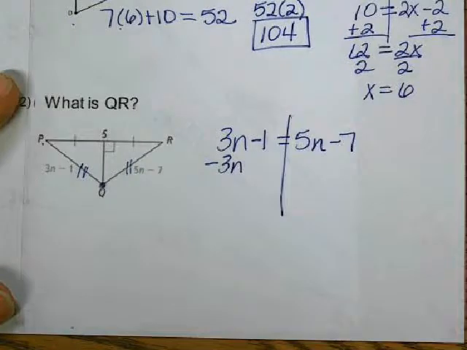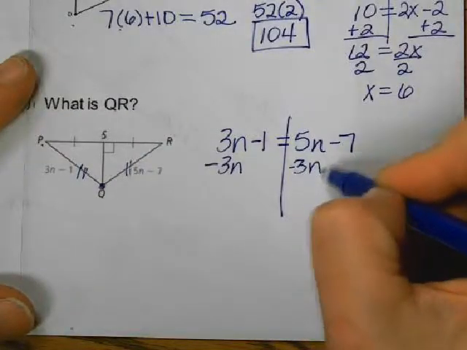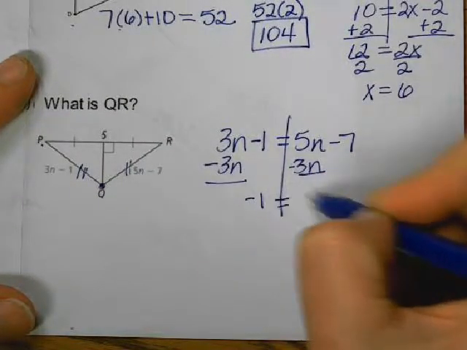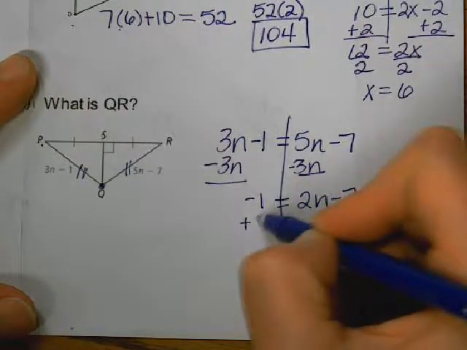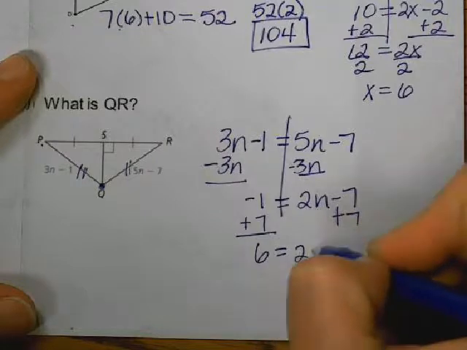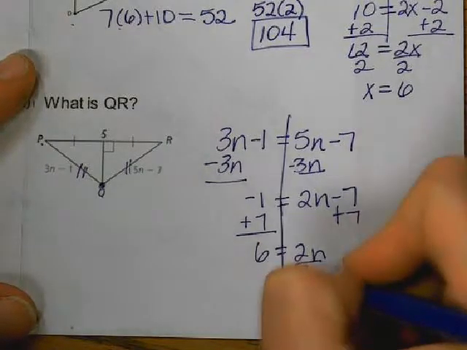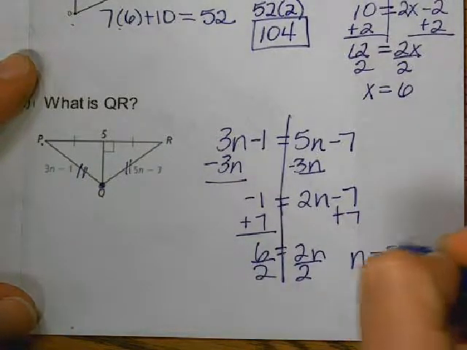Solve. Subtract 3n from both sides. Negative 1 equals 2n minus 7. Add 7. 6 equals 2n. Divide by 2. n equals 3.